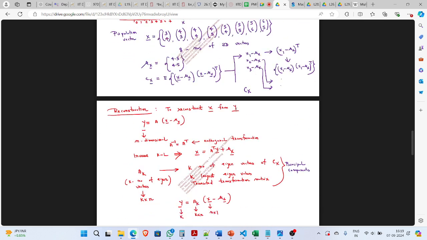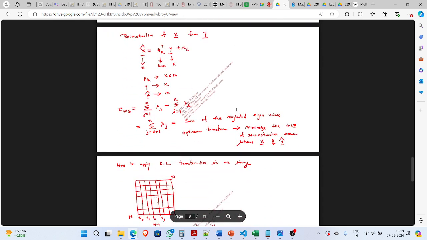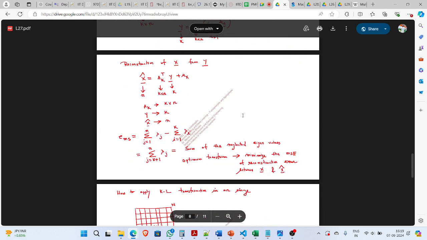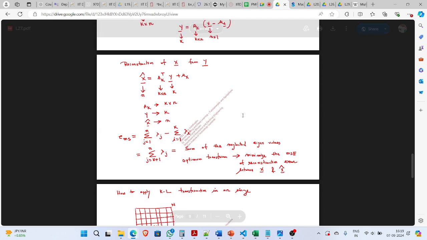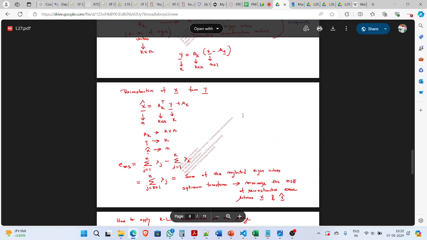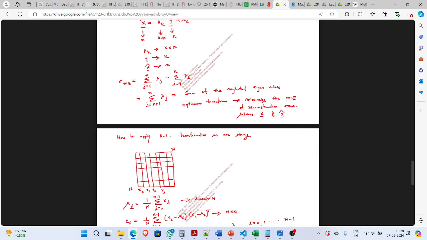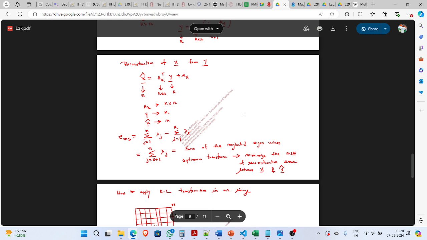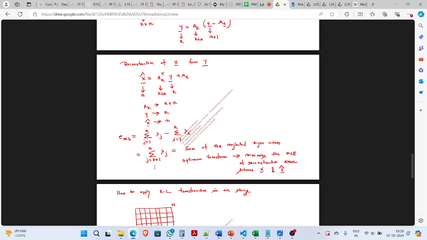As we are taking only k principal components in reconstruction, that will result in some information loss, and that will result in reconstruction error. The reconstruction error is defined as the sum of the eigenvalues of the principal components that we have neglected.